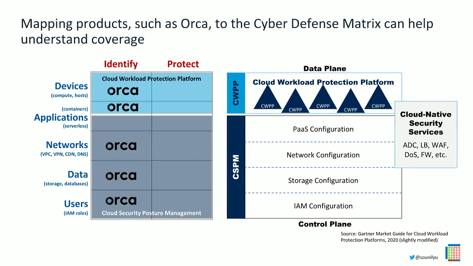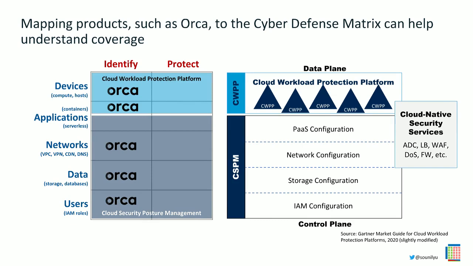To show how this plays out with a particular cloud security vendor, here's an example with Orca. I dug deep into Orca's demos and their product literature and mapped it in the following way. As you can see in the diagram, it covers elements that are both in the CWPP as well as the CSPM side. And that's one of the main claims that Orca has in their product literature.